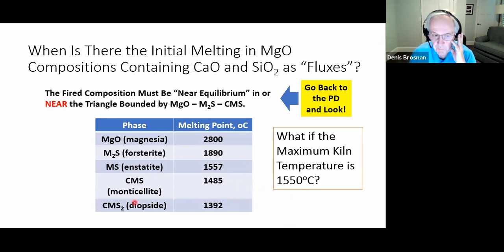We're going to assume for a few minutes that these fluxes are not there, and these are usually pretty high purity systems when you are firing these magnesia-lime-silica systems to make a product.